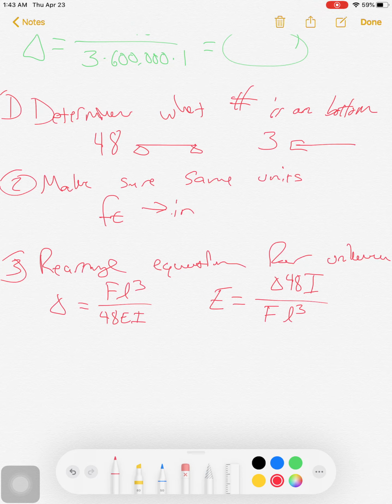All right, so rearrange the equation for the thing you're trying to find, plug in the values, do math, get an answer. That's kind of the same pattern you're going to follow for all of the problems, and that should get you where you need to go. All right, good luck on your practice problems.